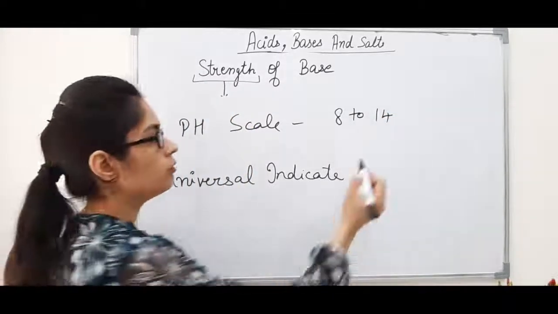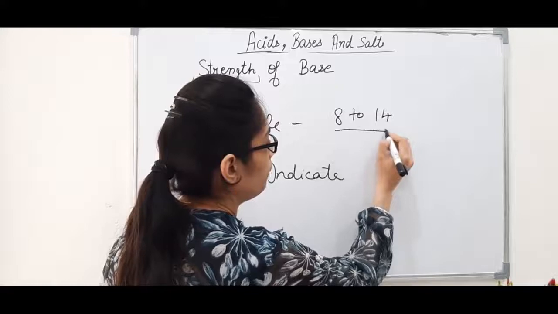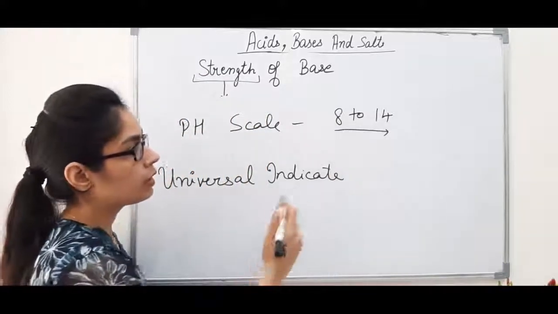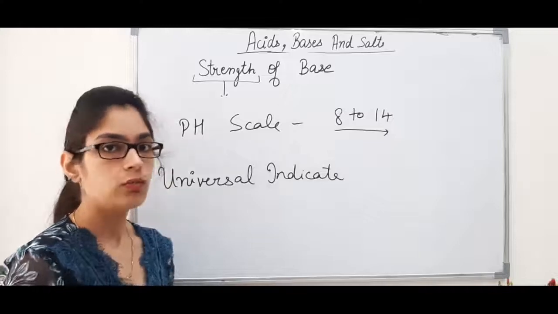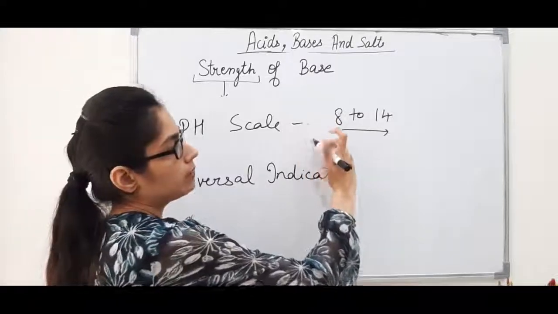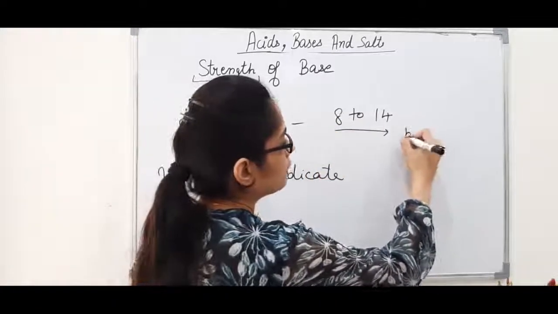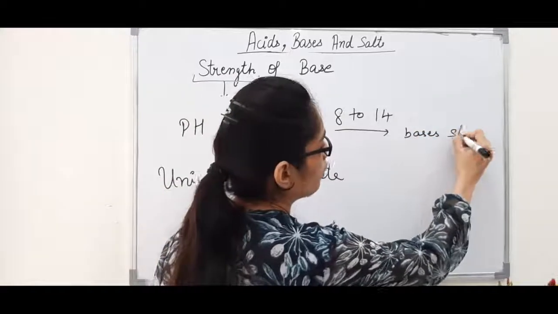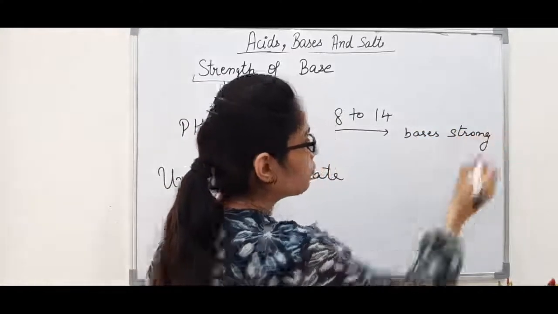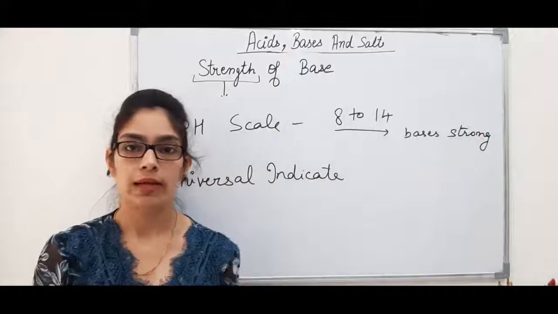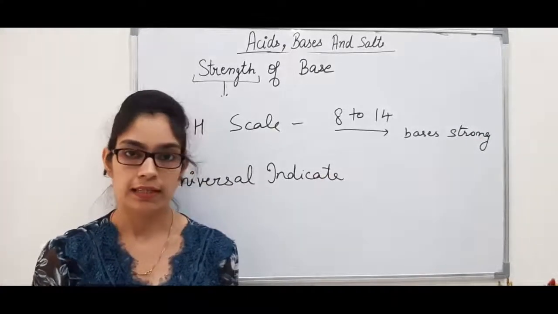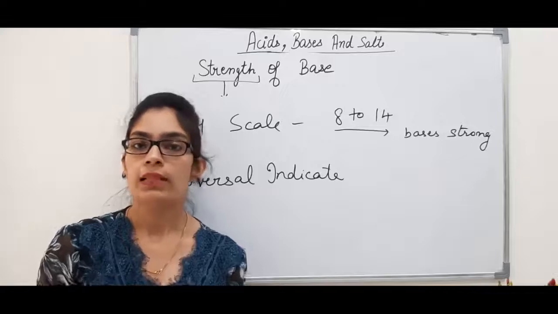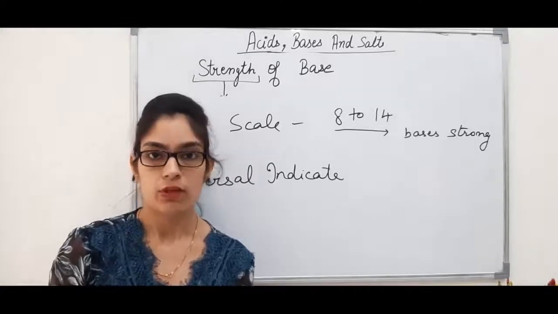So while going from left to right, like 8, 9, 10, 11, 12, 13, 14, the bases will become strong. For example, if you get the pH value 13 or 14, it will indicate the presence of a strong base.